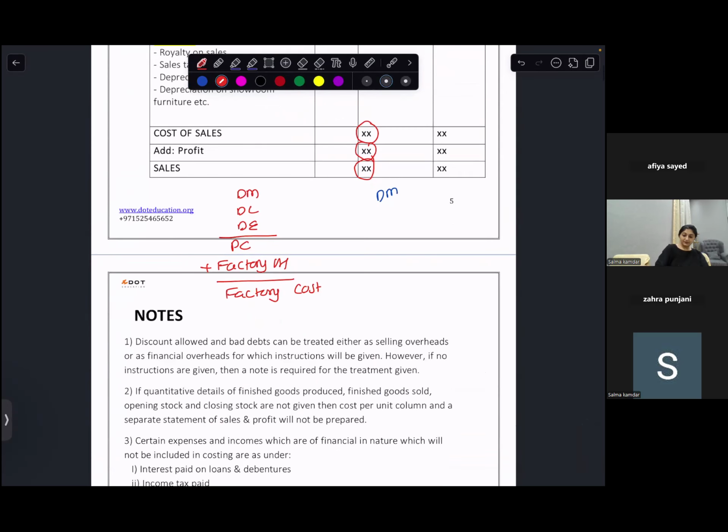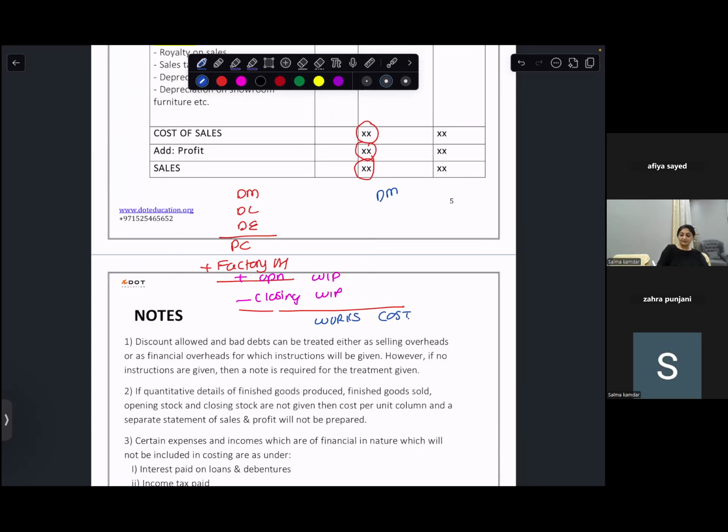Opening work in progress. Okay. Factory overheads add opening work in progress minus closing work in progress is going to give us what? Works cost, not overhead. Oh, sorry, yes, works cost.